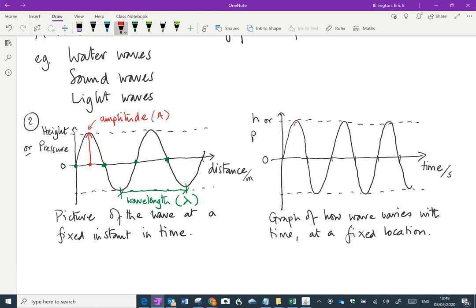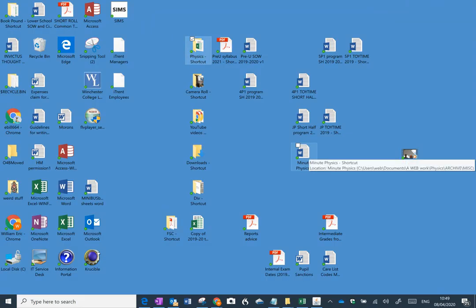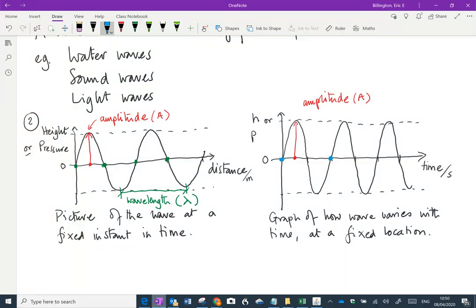Now, the amplitude is just the same. But what does it mean now if we go from here to here? Or indeed from here to here.